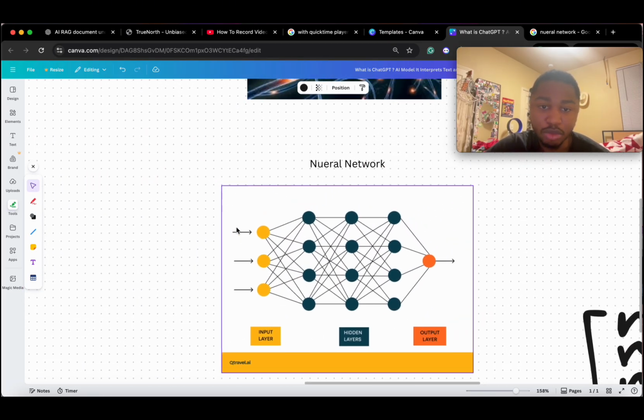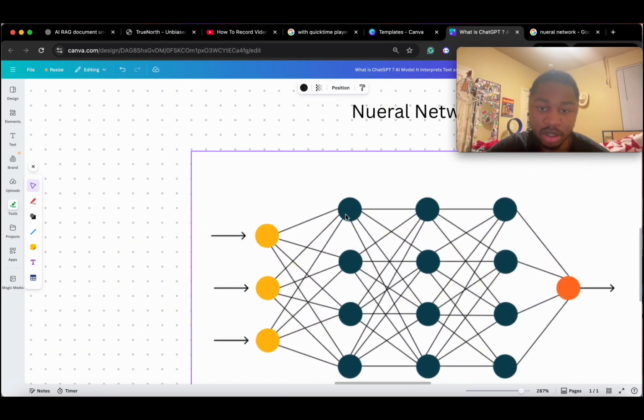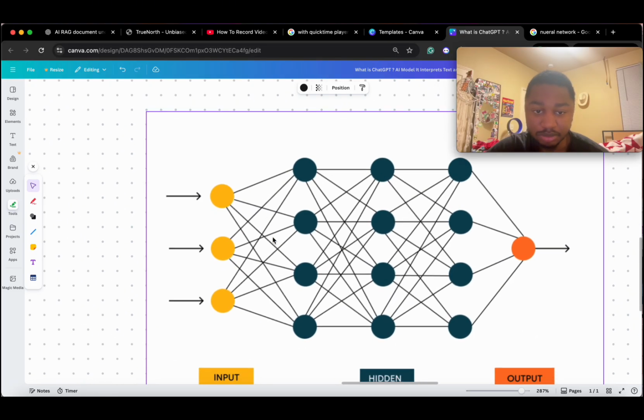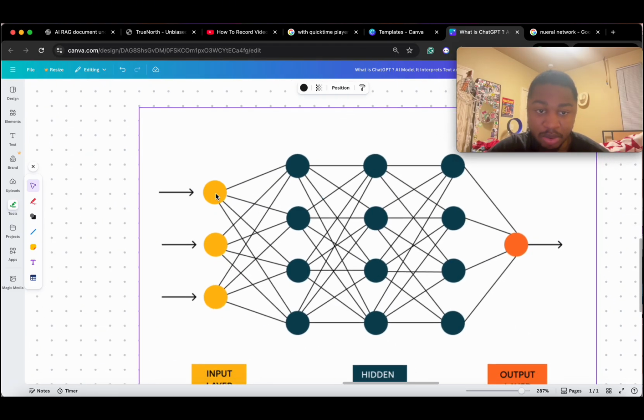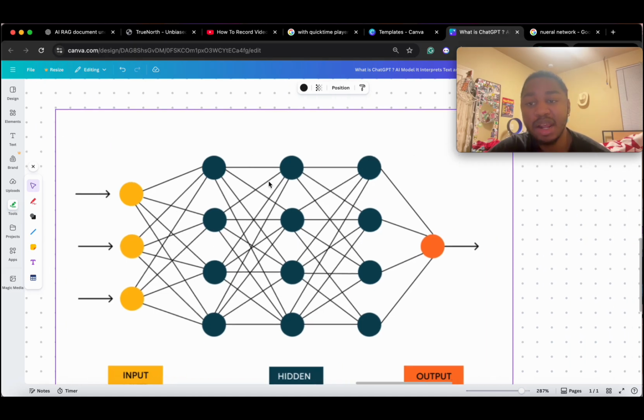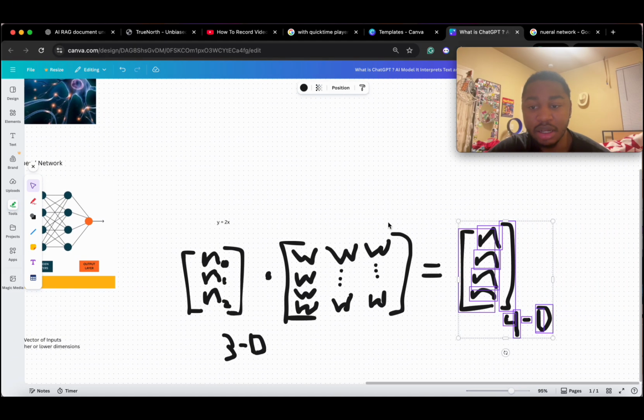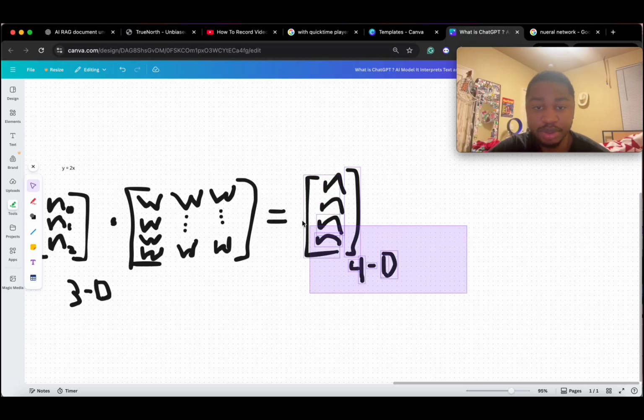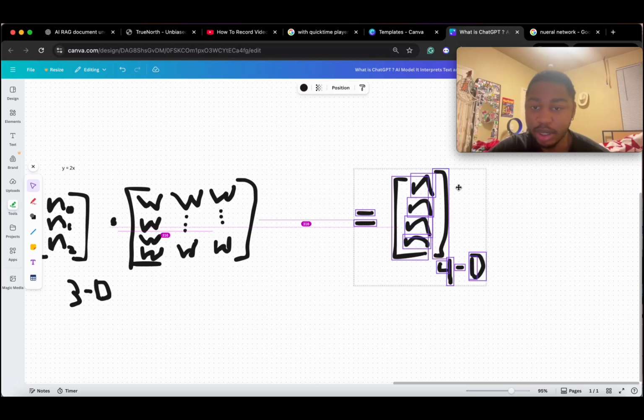A bias is layer wide, so a bias is added here. The dot product between this input vector and the weights happens, but after that dot product, you add something called the bias vectors.